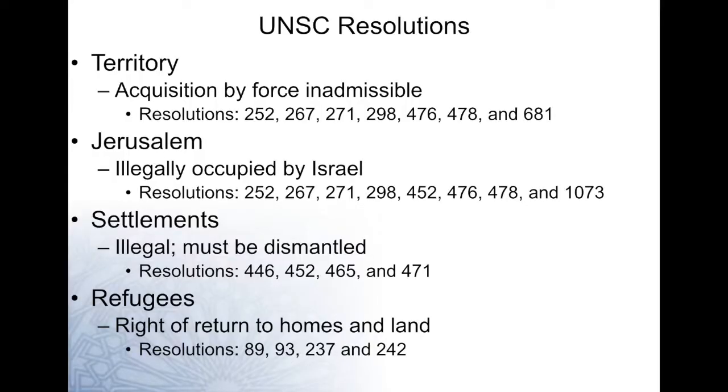As far as Jerusalem is concerned, all of these Security Council resolutions regard Jerusalem as illegally occupied. Israel claims that Jerusalem is its capital, but not according to the General Assembly and not according to the Security Council.